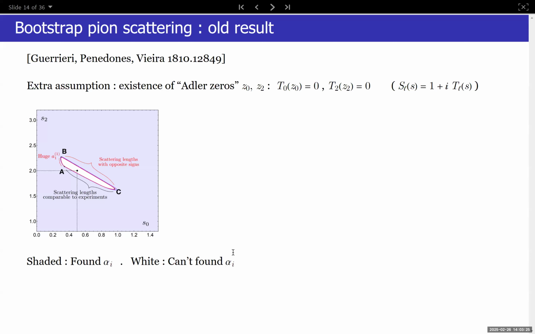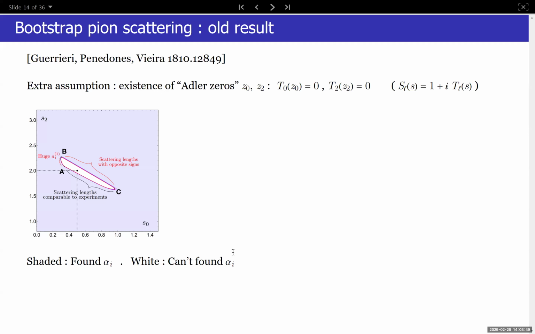In chiral perturbation theory, the zero is at 1/2 and 2. So in this paper, they assume this order zero should exist, namely using this condition to solve two of the unknown coefficients, and then search for the amplitude.